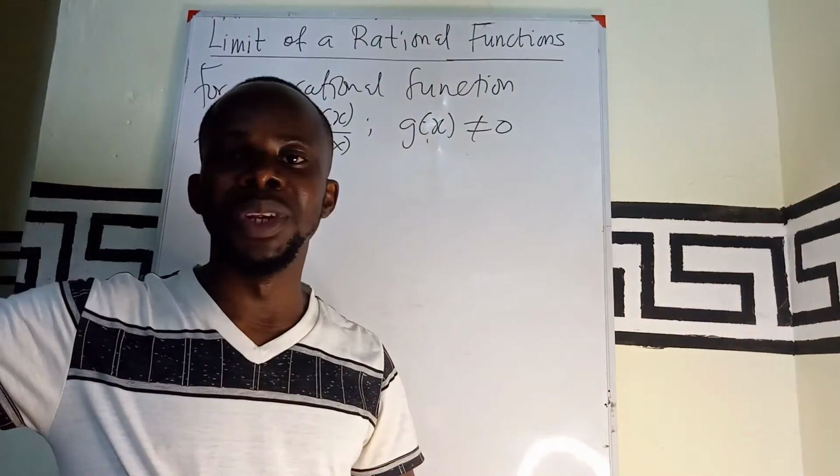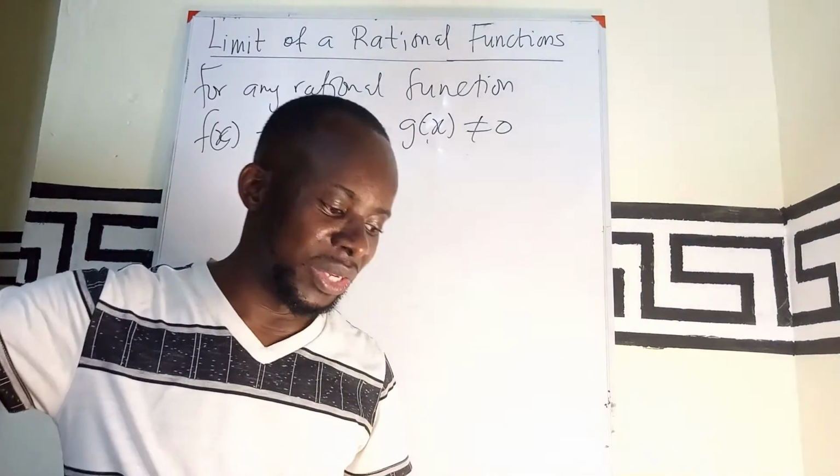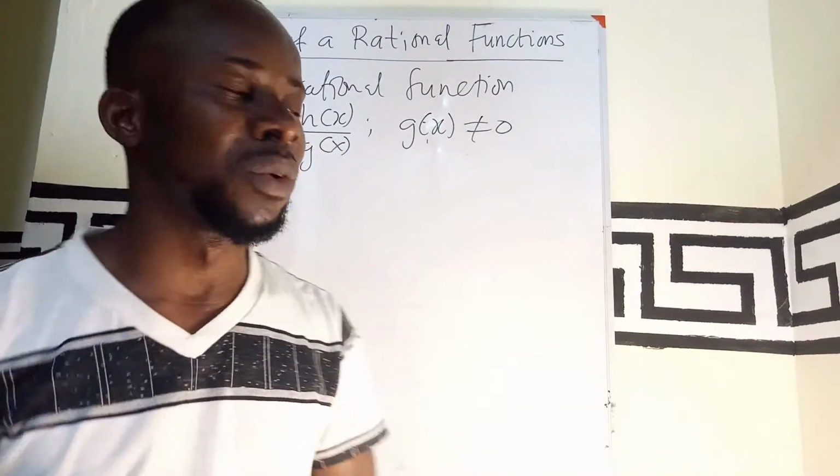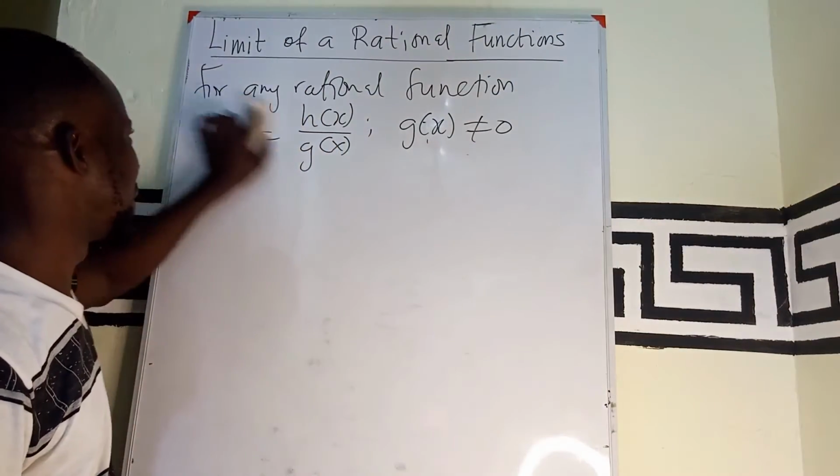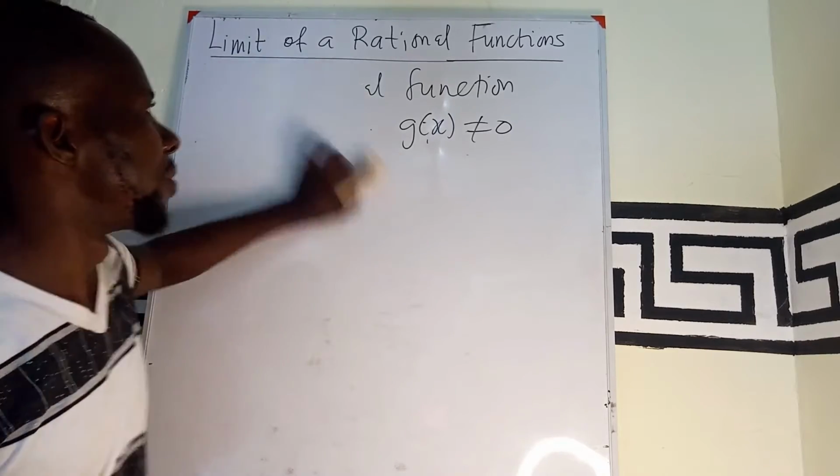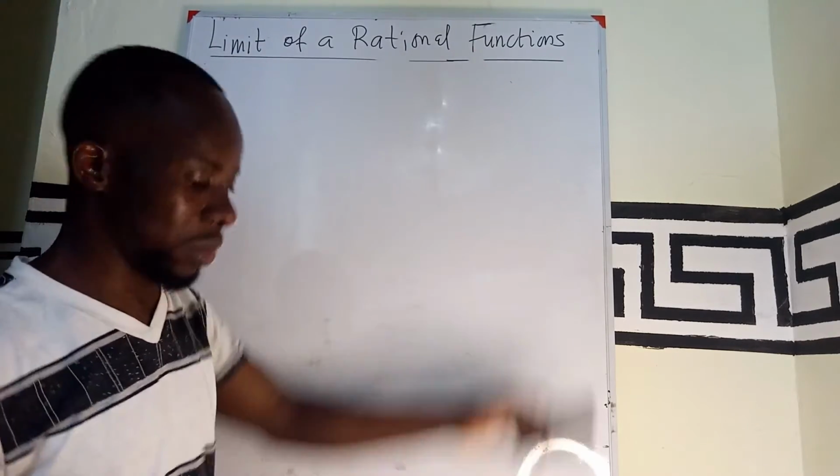We are still continuing with the rational function we just did in the previous episode. So we want to take a question different from the one we did in the first episode.